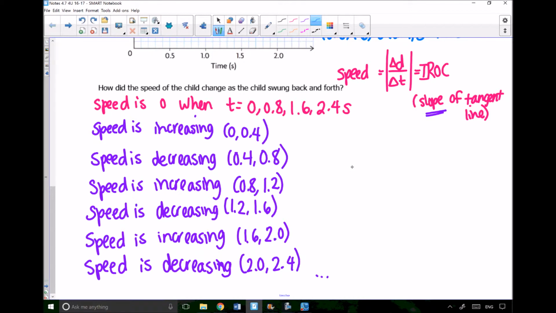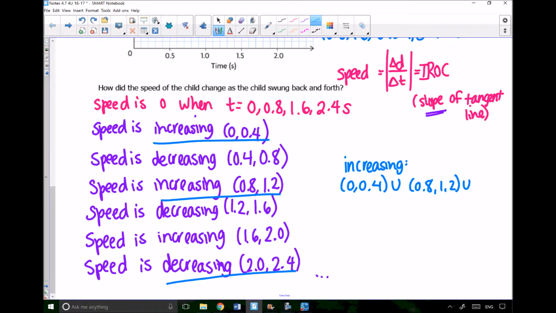Therefore, I can say my answer is the speed is increasing along the intervals 0 to 0.4, as well as 0.8 to 1.2, as well as 2 to 2.4. Okay, and then I can say the speed is decreasing. And don't get the distance confused with the speed. The speed itself is decreasing from 0.4 to 0.8, as well as, oh, I apologize, I have a mistake here.